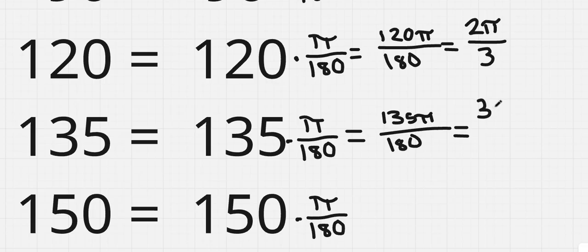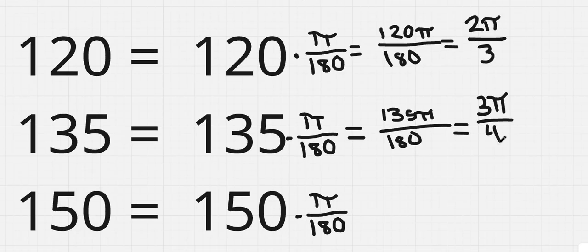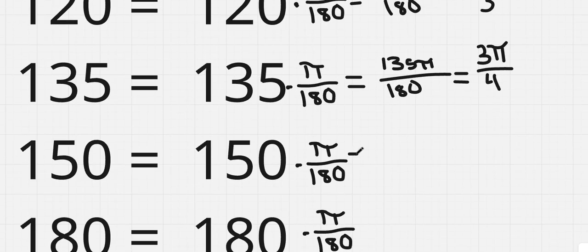So we have 3 pi. And 45 goes into 180 4 times. 45, 90, 135, 180.